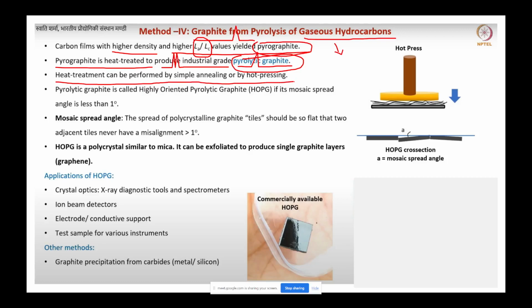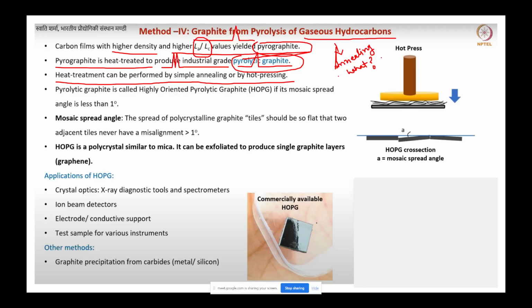So the first term here is annealing. What is annealing? Firstly, you should know what annealing is. Annealing is nothing but exposing your material to a certain higher temperature.